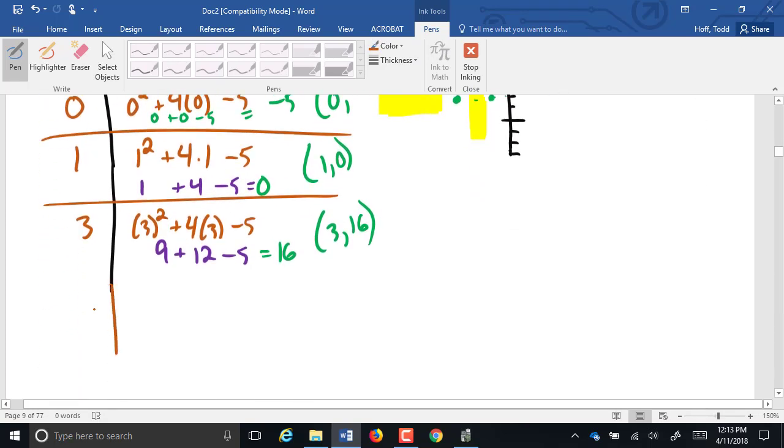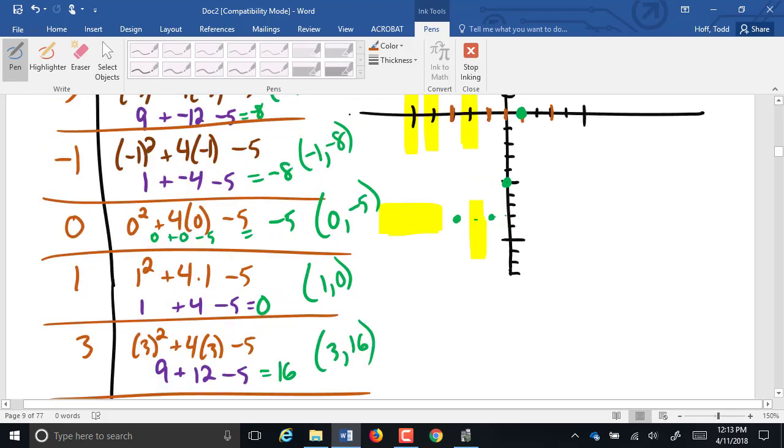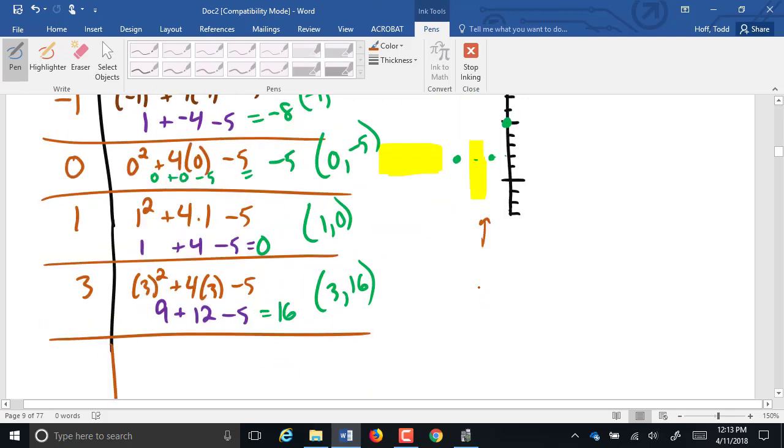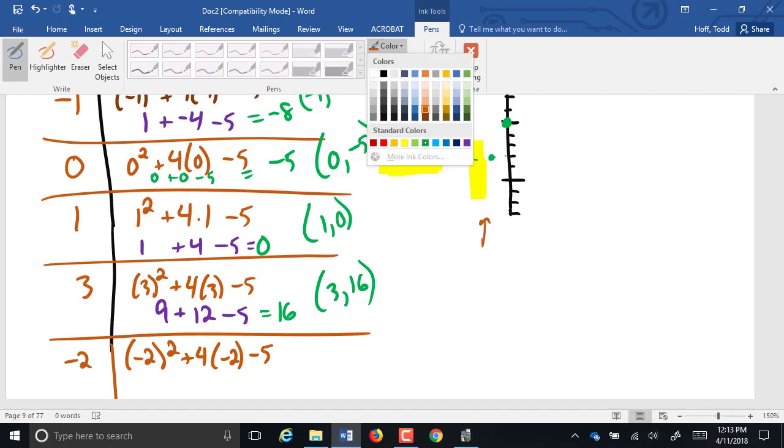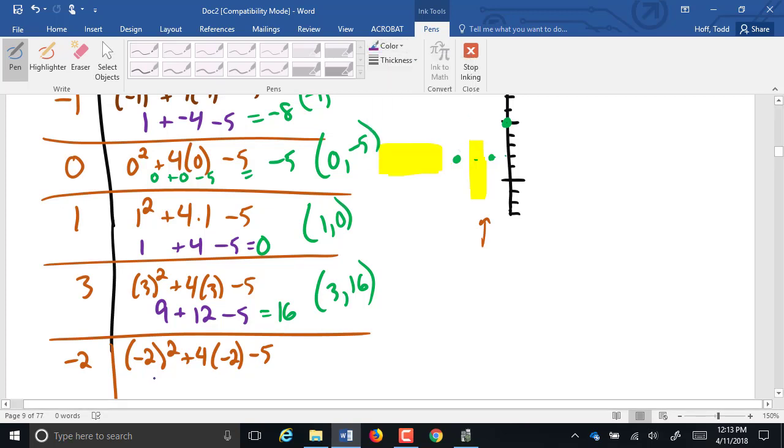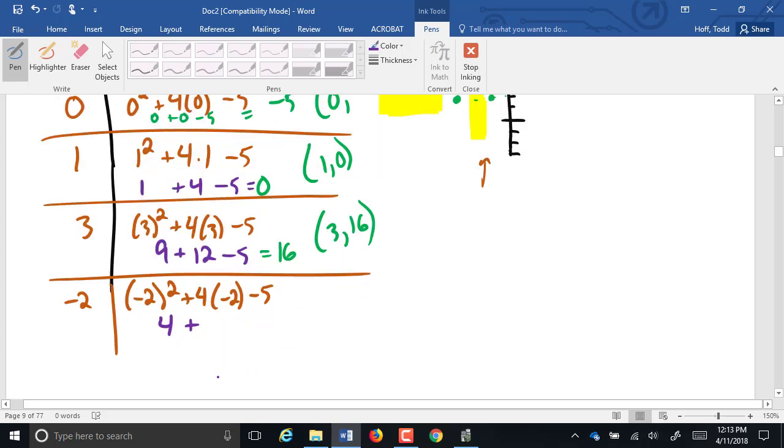Let's work with, we said -2 to find this area in here. So if x is -2, y is -2 squared plus 4 times -2 minus 5. So -2 squared is a positive 4. 4 times -2 is a -8 minus 5.